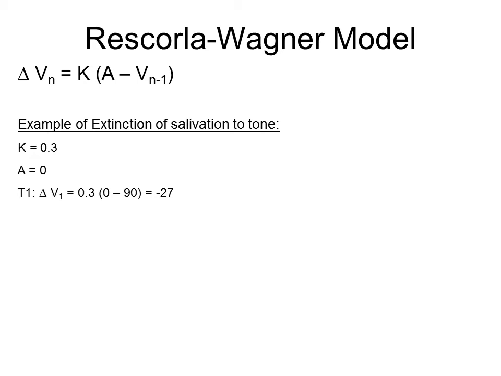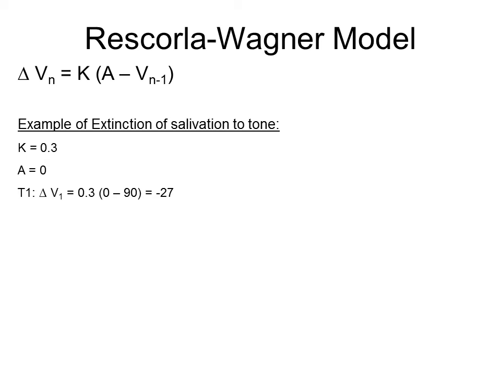So 0 is the asymptote, the eventual endpoint of conditioning, and minus 90 reflects the accumulated strength of conditioning up through the previous trial. The first trial of extinction follows after all of the previous trials of acquisition, and that's where 90 comes from.